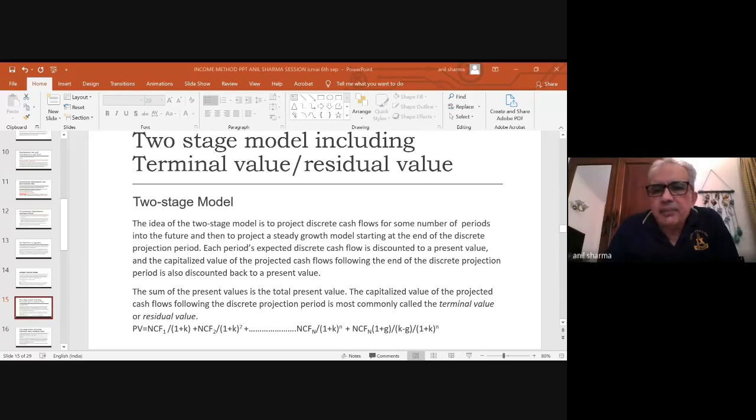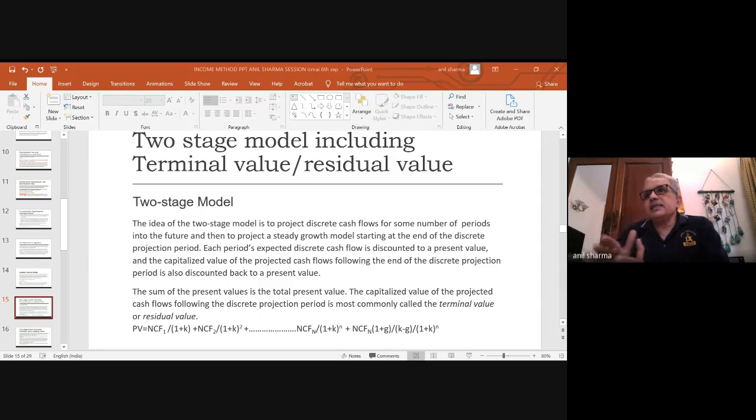I'm saying that you have discrete cash flows for X number of years, year 1 to year X, right? You calculate the present value of each discrete cash flow in the year of the valuation. You get a present value of the cash flow that you have for X number of years, discretely, each cash flow. This is one type of period.